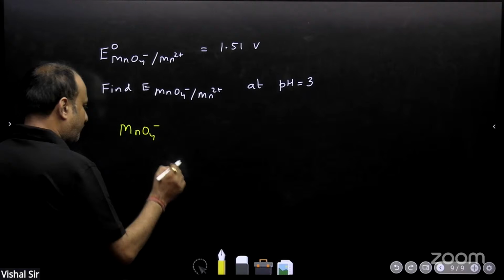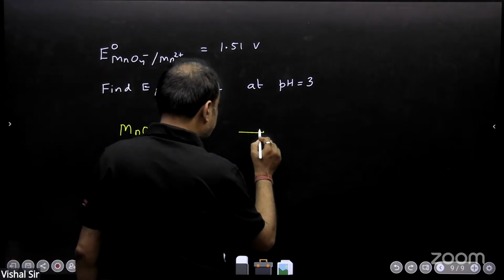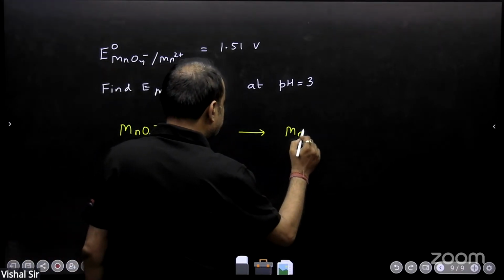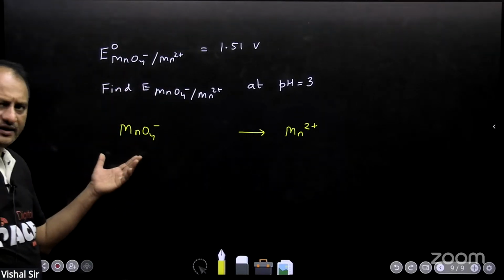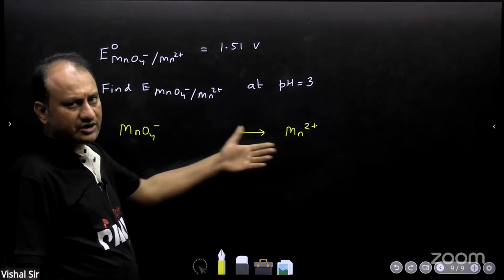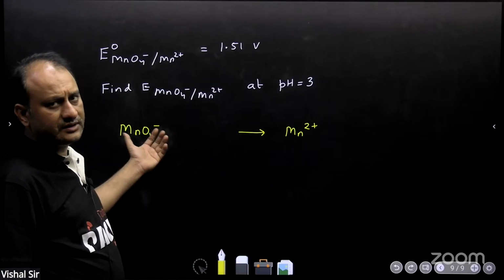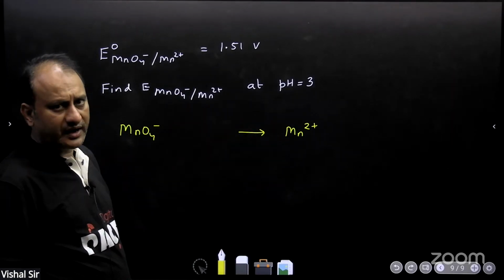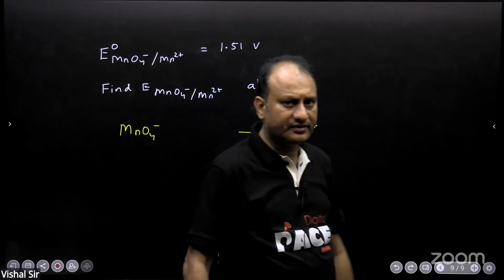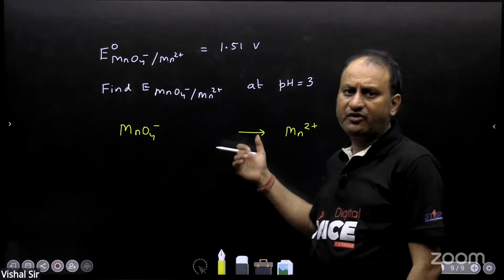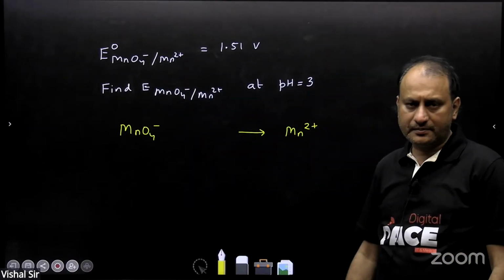So MnO4 minus goes to Mn2 plus. But this is not yet balanced. Oxygen on both sides is not balanced. Charge on both sides is not balanced. Oxidation number is changing by 5, correct? So there should be involvement of 5 electrons here.